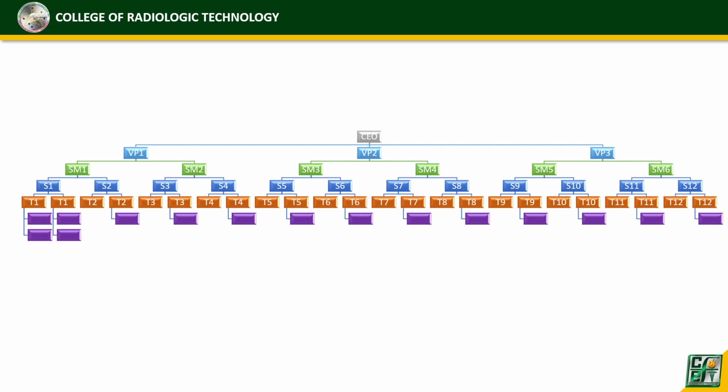And under each vice president, may dalawang senior manager. Diba? Ilang level na yan? Tatlo na, dalawa na agad na level, di ba? Level ng senior manager and level ng vice president.